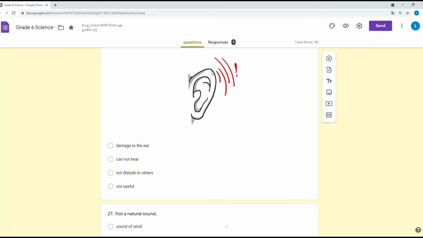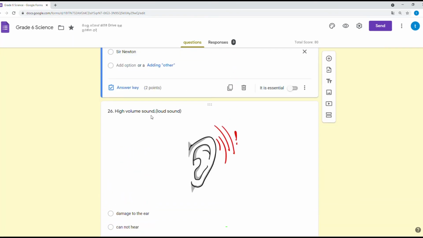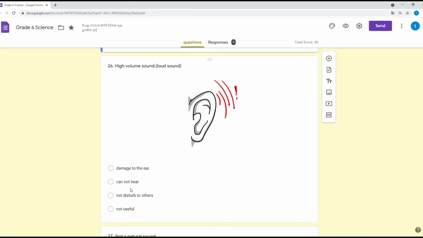Beyond that, we can't bear it. So if the sound is louder than that, that sound damages our ear.